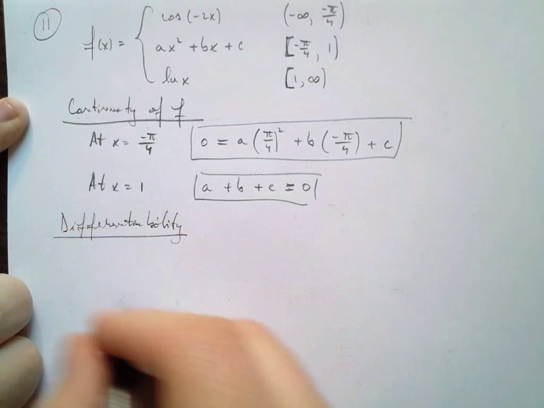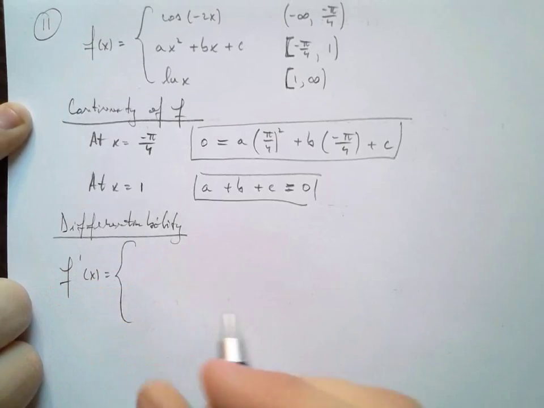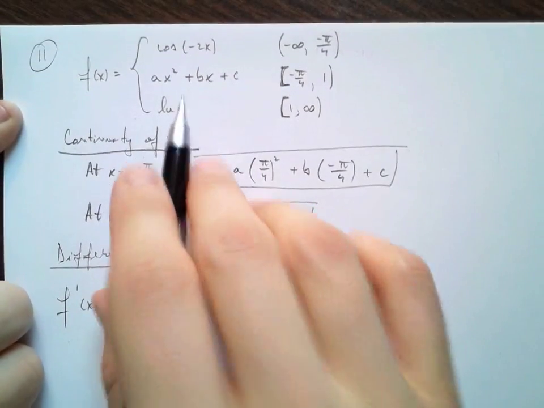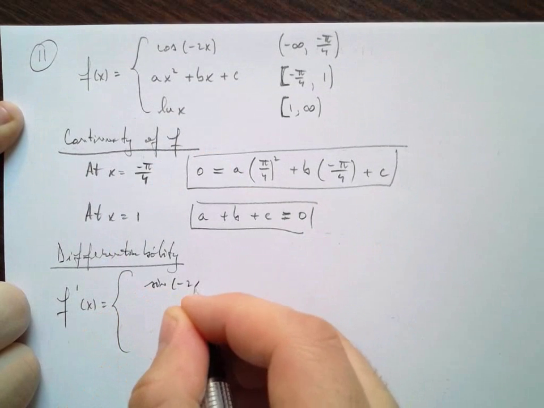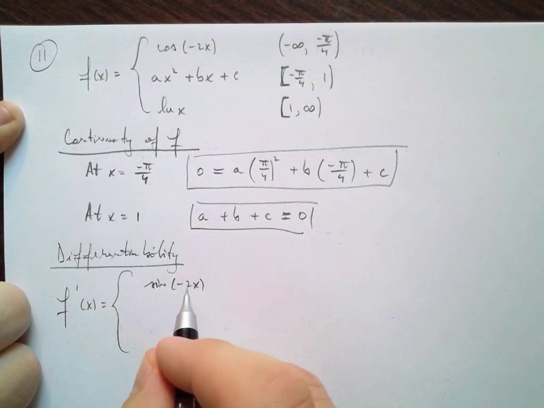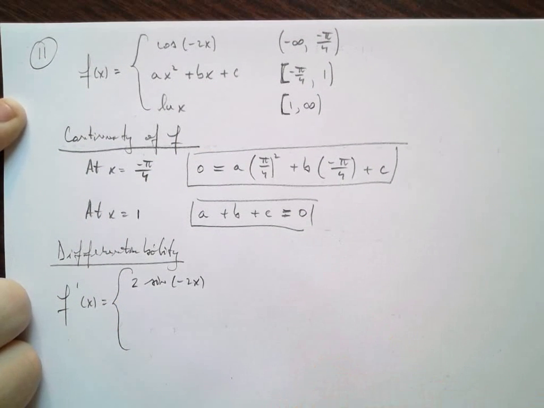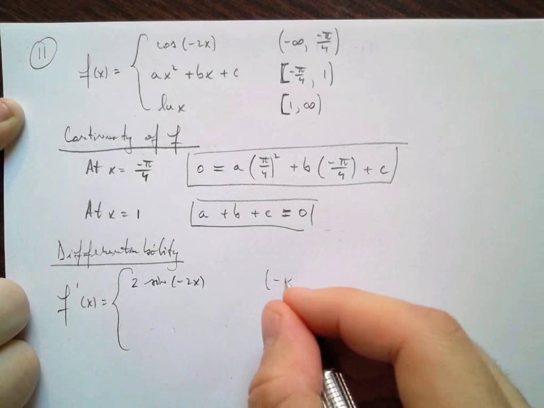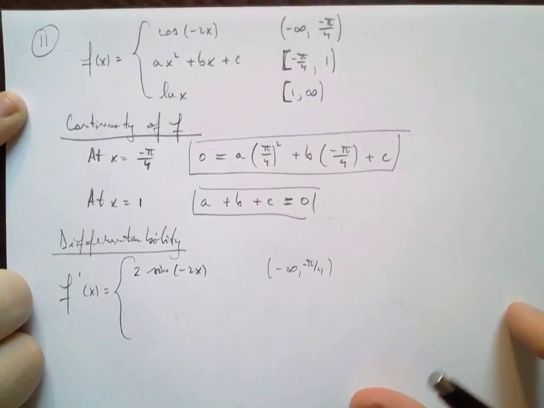So I need to take the piecewise derivative of f, which is f prime. Well, I have the derivative of cosine, that's going to be negative sine of minus 2x, but the negative 2 comes out, so it's just twice sine 2x, right? Negative times a negative is a positive, and this is from minus infinity to minus pi over 4.